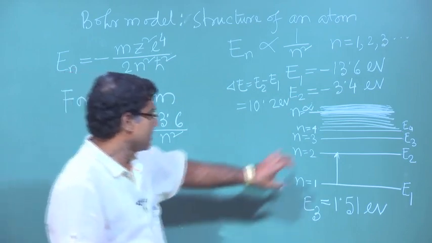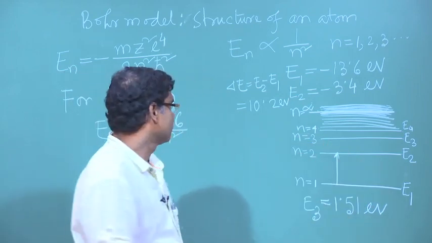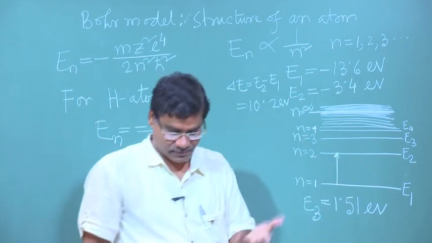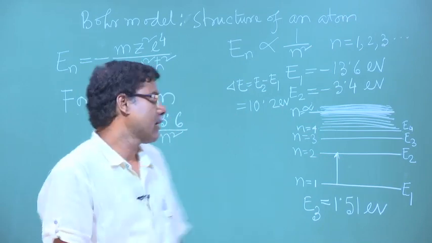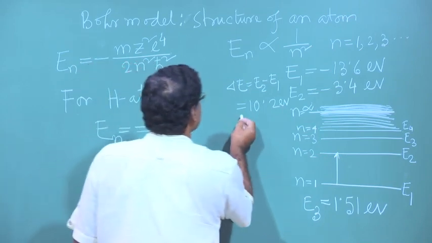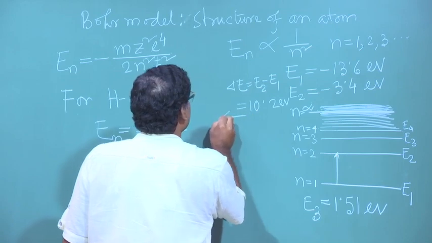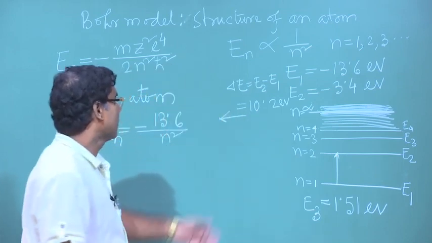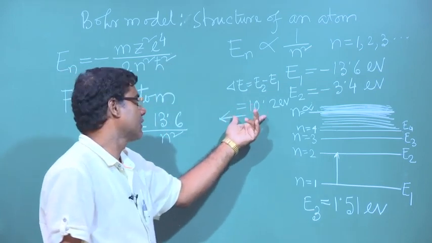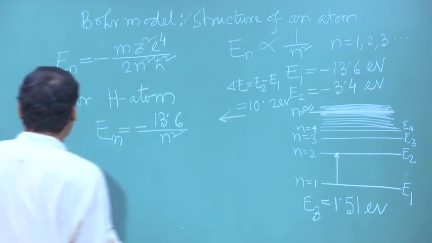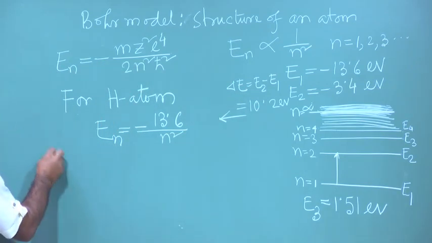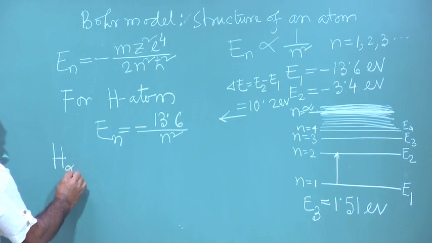This energy difference you will get as radiation, and this should be the H alpha line.